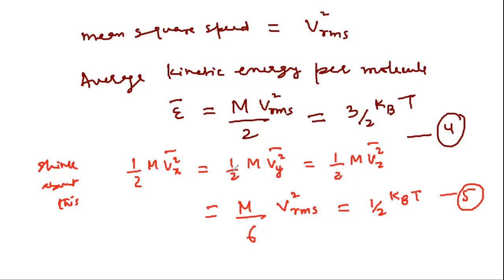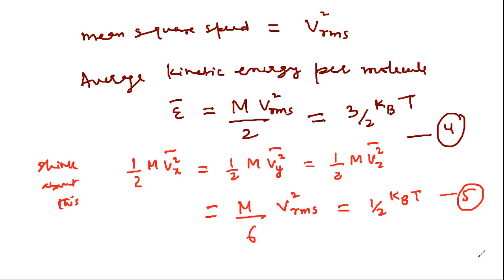They are equal, these average kinetic energies. They are all equal to half k_B T. That means per degree of freedom, there is associated half k_B T energy. So in total it becomes 3 times half k_B T, right?